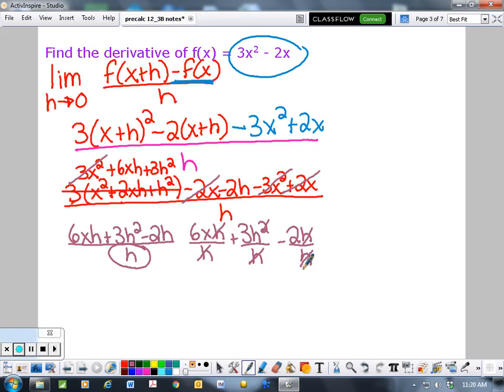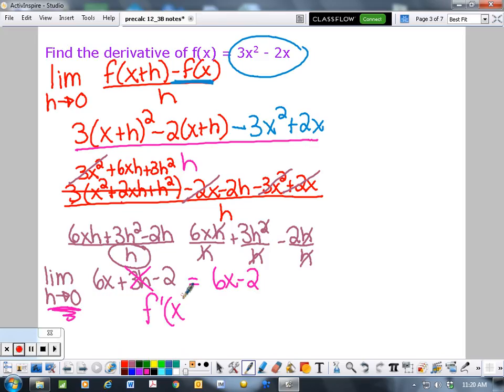Which now leaves us with the ability to apply the limit as h approaches 0 of 6x plus 3h minus 2. Now we apply h approaches 0, so this really turns into 0, giving us a value of 6x minus 2. So our derivative is 6x minus 2, and our derivative is really the slope of the tangent line, which represents speed.